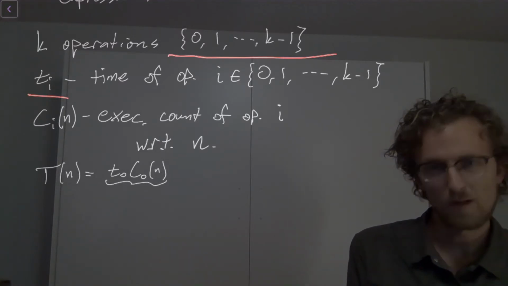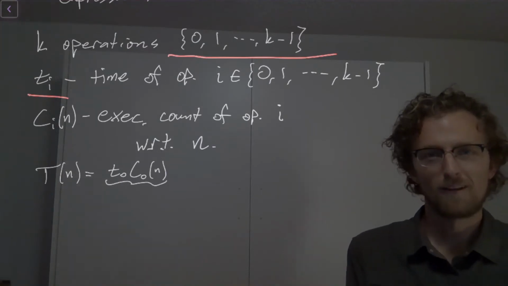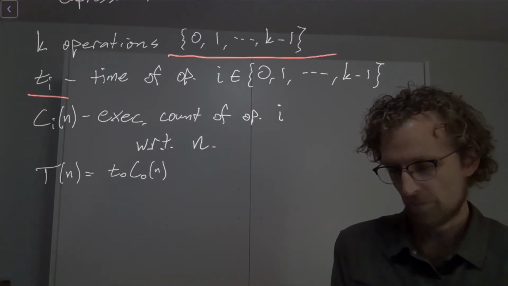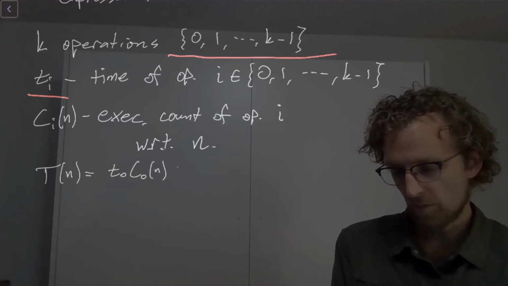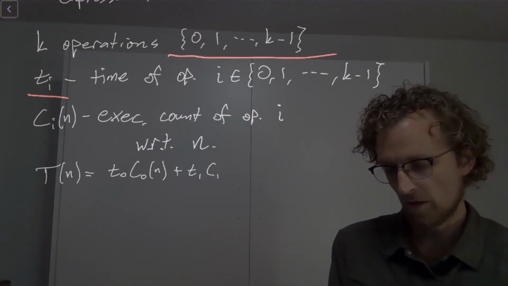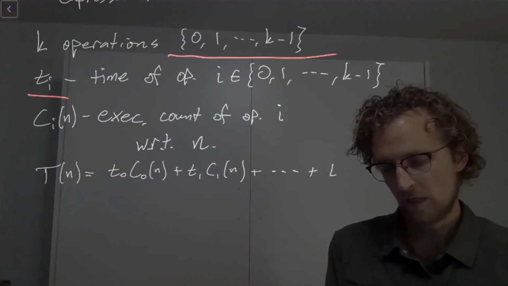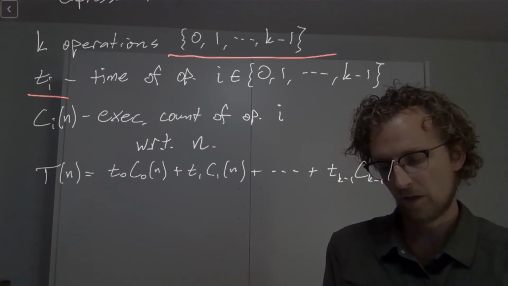If you did a profiling and you looked at this particular operation, this is what we'd have. So it's t0 times c0 of n plus t1 c1 of n plus all the way up to t_{k-1} c_{k-1} of n.